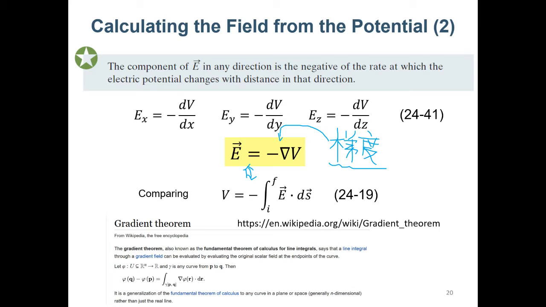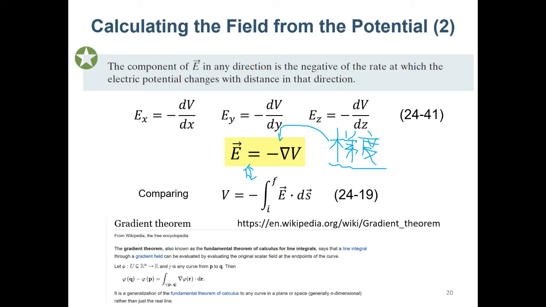This is the single variable case, and now in high dimensions we will have the gradient of V, with a minus sign, equal to E. And for this one, V will be the negative integral of E dot ds.